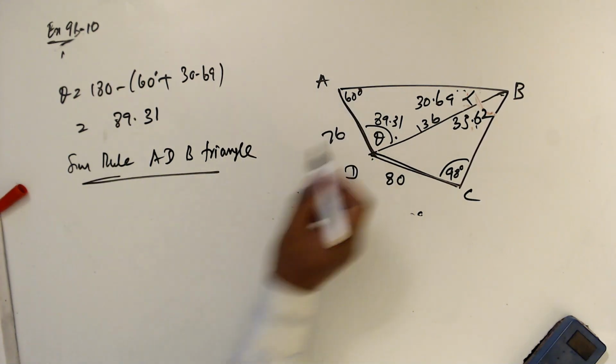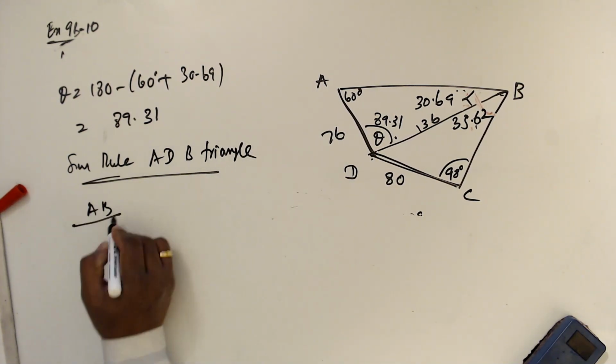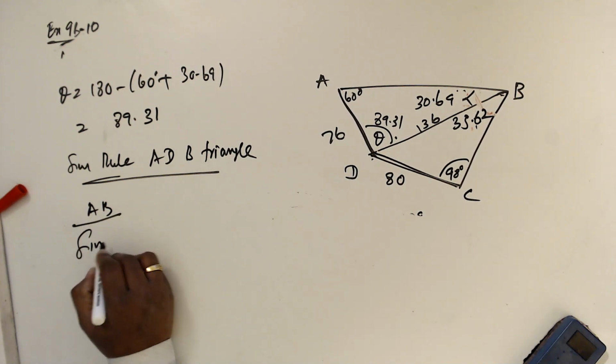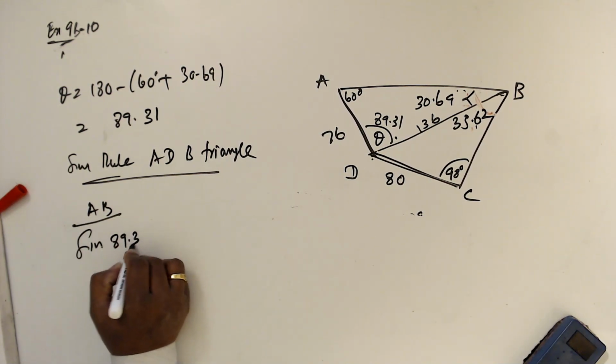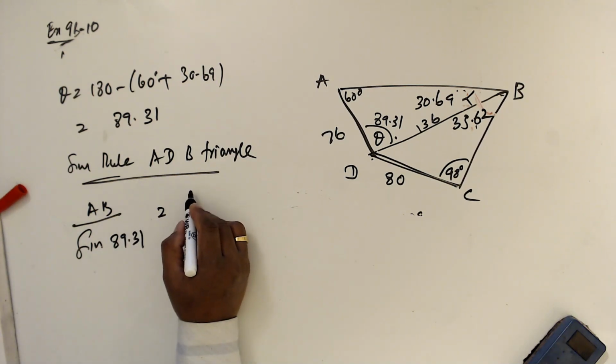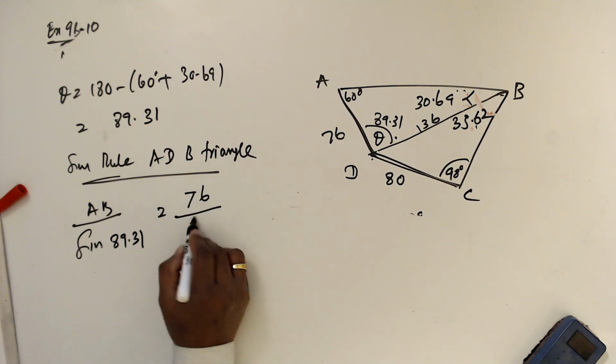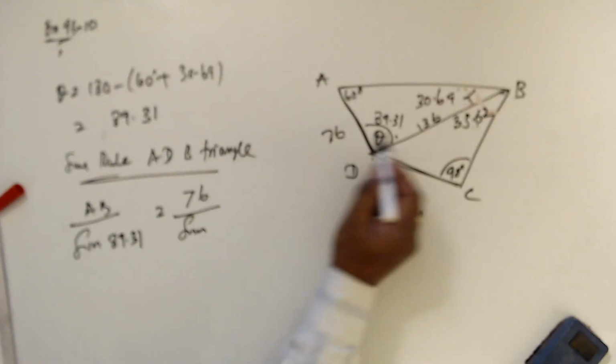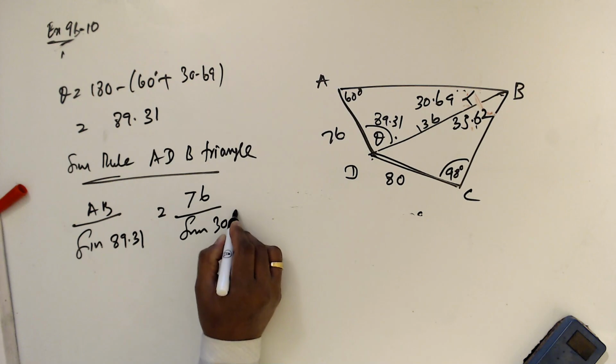So then AB over sine 89.31 equal 76 over sine 30.69.